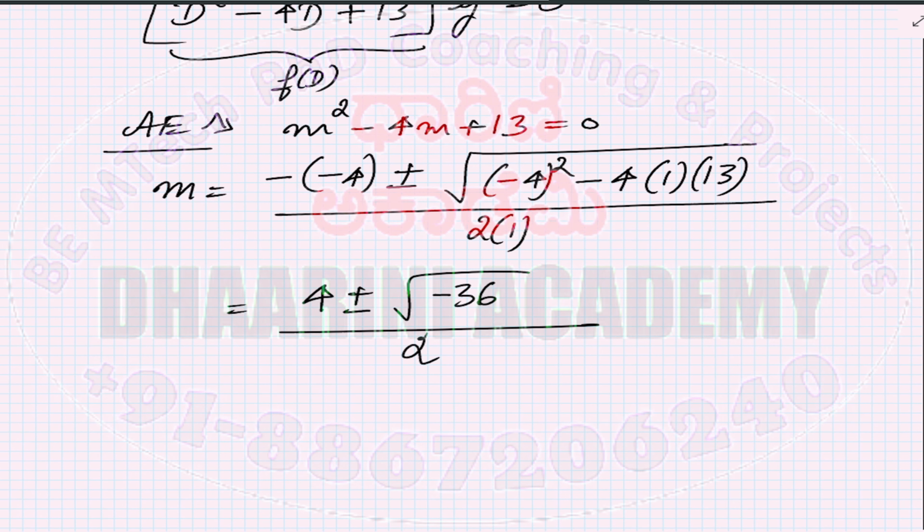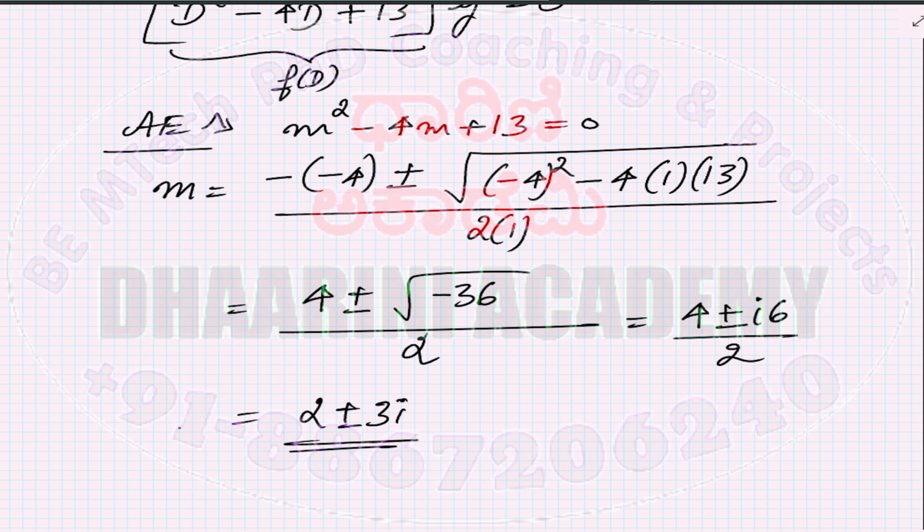So I can write the roots as 4 plus or minus under root of minus 1, which is i, into root 36. 36 is 6, divided by 2. So I can cancel that with the denominator. 2 cancels with 4, as 2 plus or minus 6, I can cancel with 3. So 2 plus or minus 3i are the two roots.